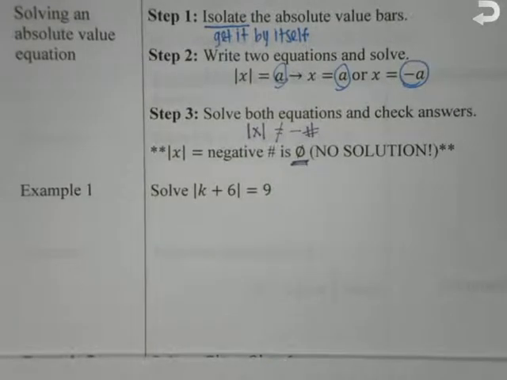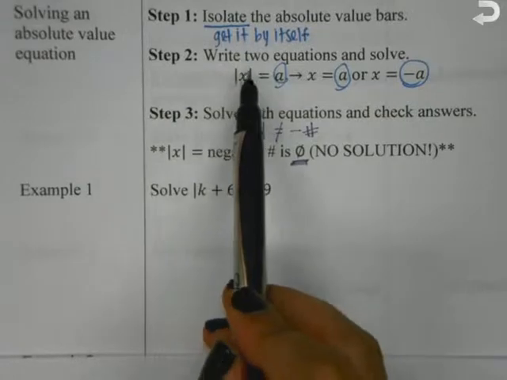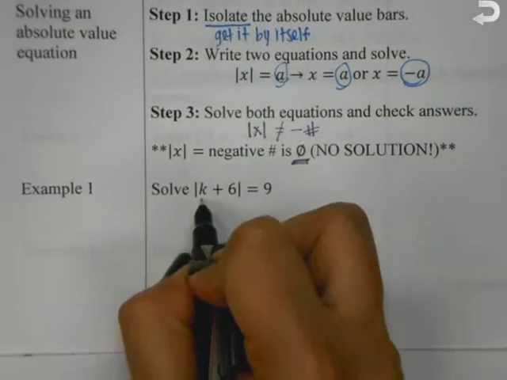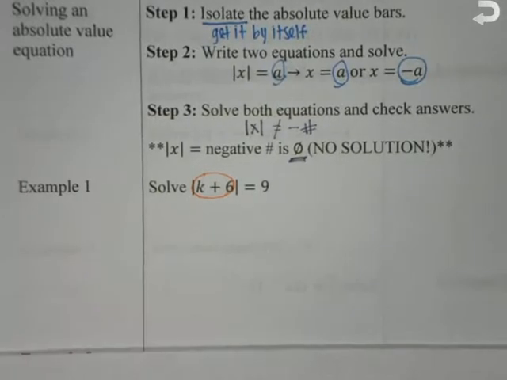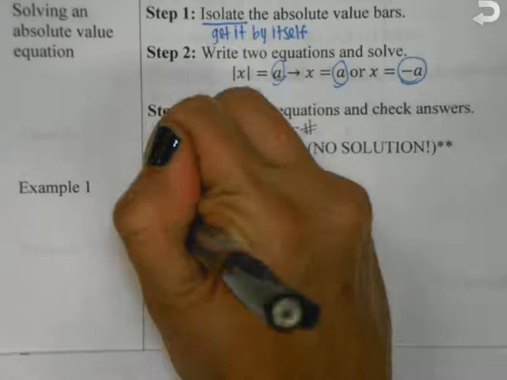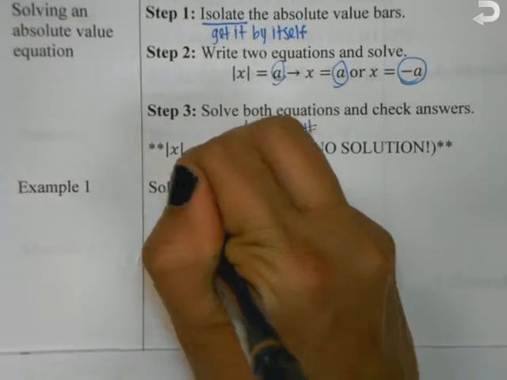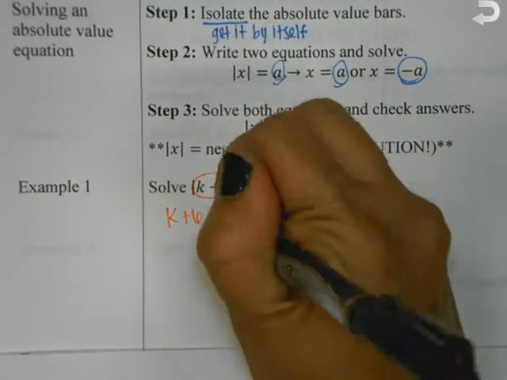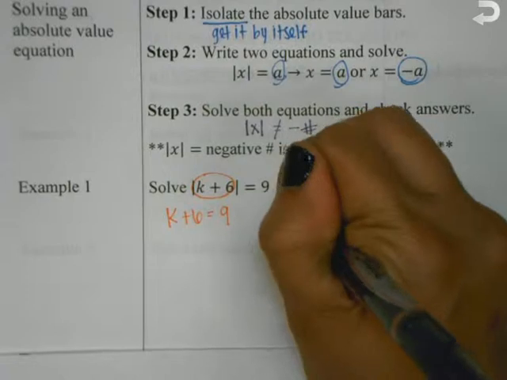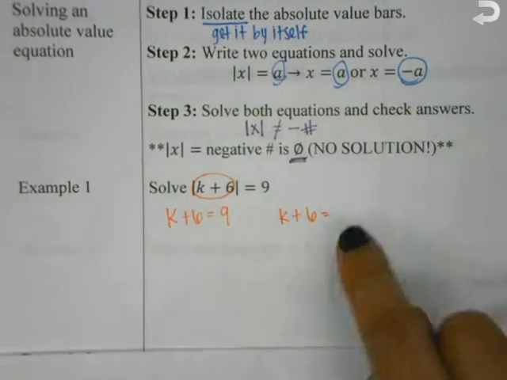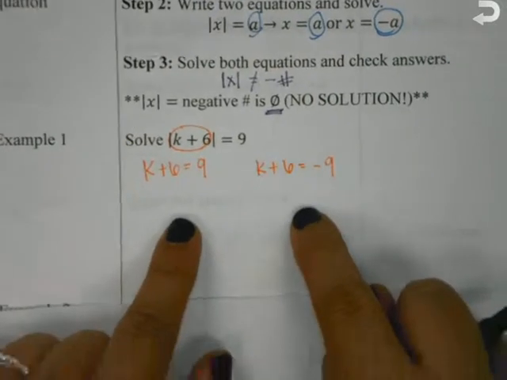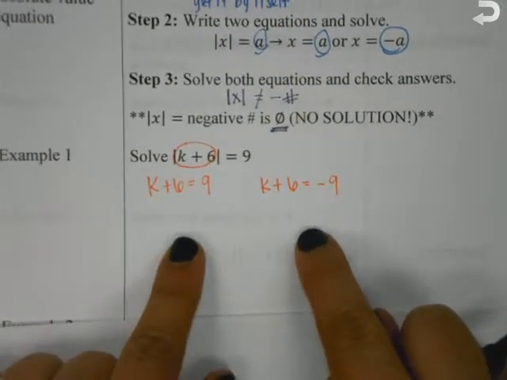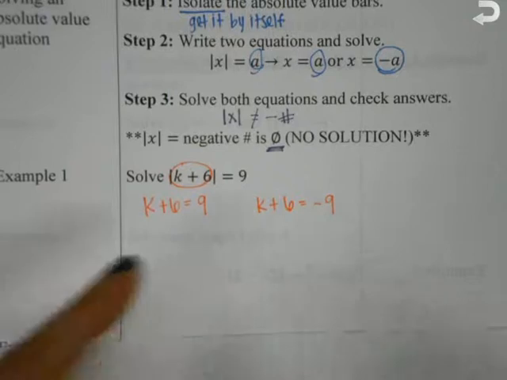So we're going to go straight to step 2, write 2 equations and solve. So I take whatever is inside those absolute value bars, and I set k plus 6 equal to positive 9, and k plus 6 equal to negative 9. So I make 2 equations. So we're actually going to get 2 answers here.